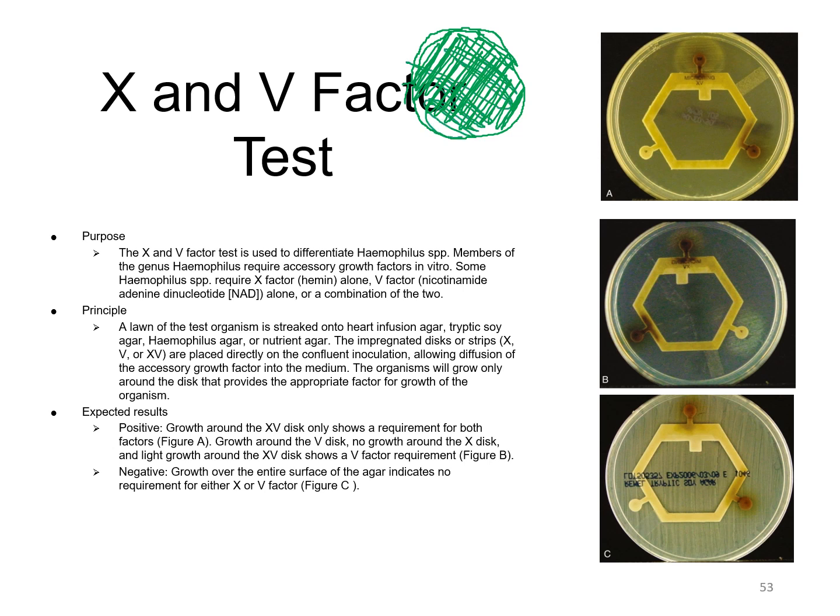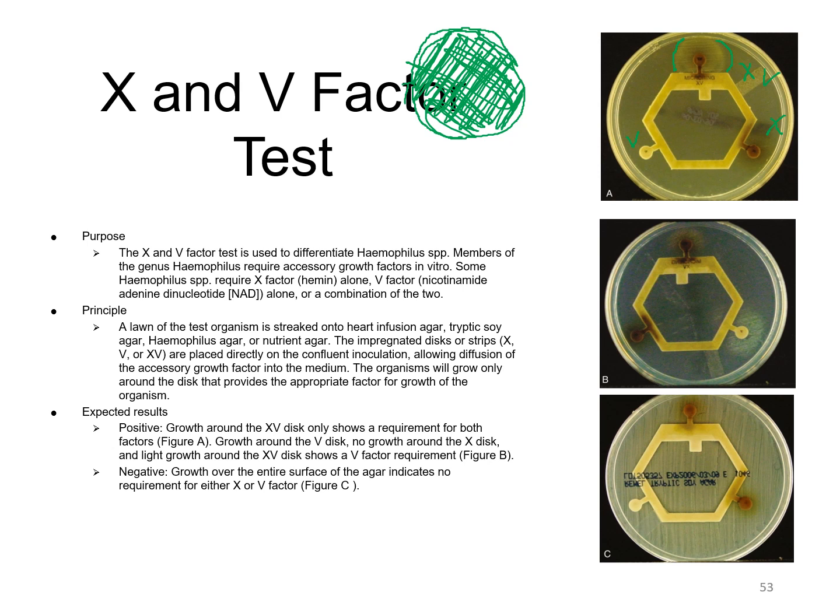The little pointed end of each strip has one of the factors in it. This top one has V, X, and XV. This particular organism has growth around XV, so this is considered positive growth, or it requires X and V in order to grow.